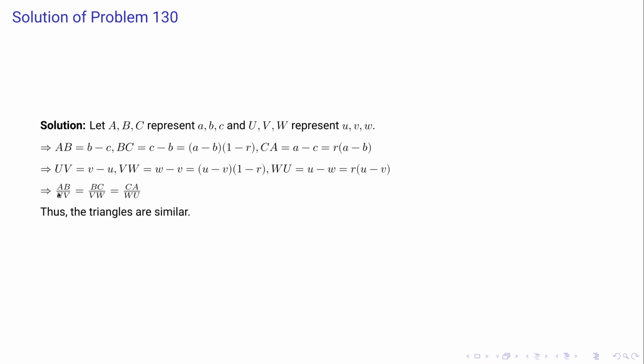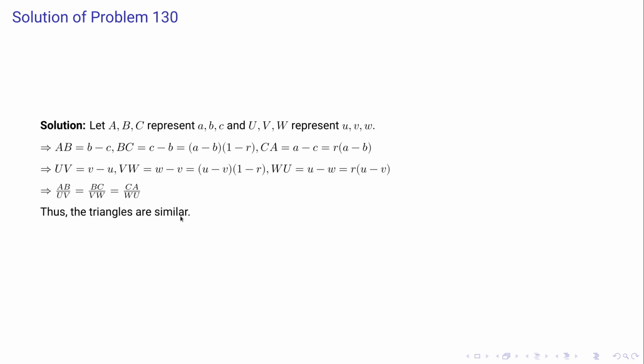And then you will find that AB by UV is equal to BC by VW is equal to CA by WU. And all these values would be the same. And thus you can say that the triangles are similar.